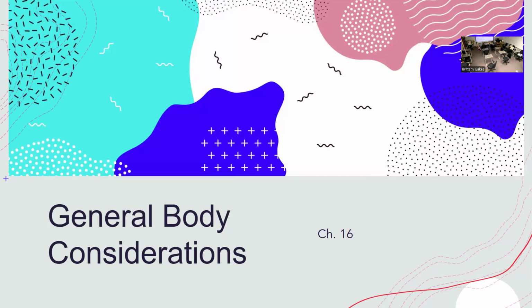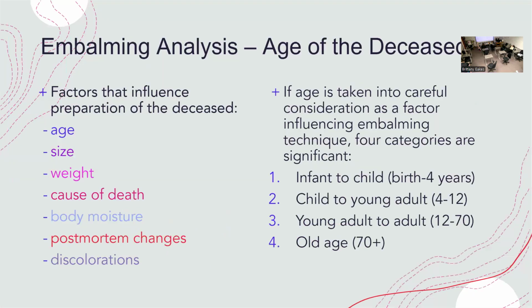So you'd have to know to do a mandibular or a musculature suture. The site for injection will differ depending on the age group and so on. So we were just talking about factors that influence how we do our case analysis, how we plan to treat the body, the different age groups.